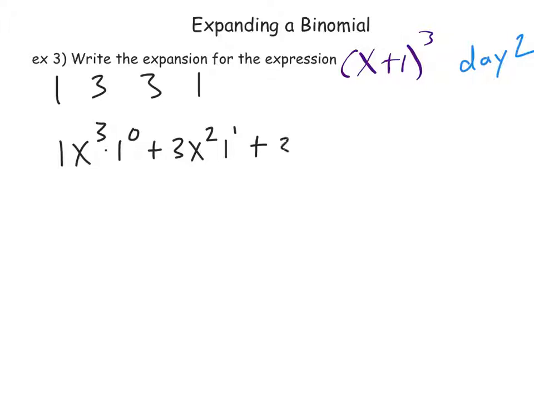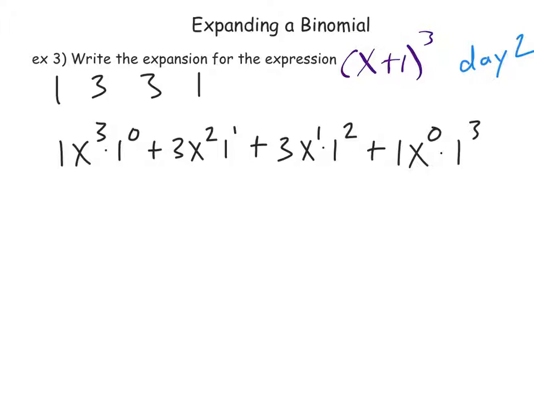Coefficient for the third term is 3. x drops to the first power. 1 hops up to the second power. Final term, x is now down to the 0 power, and 1 is up to the third.